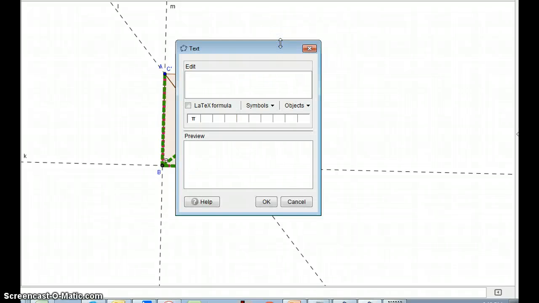and this is the related rectangle, and let's capitalize that.